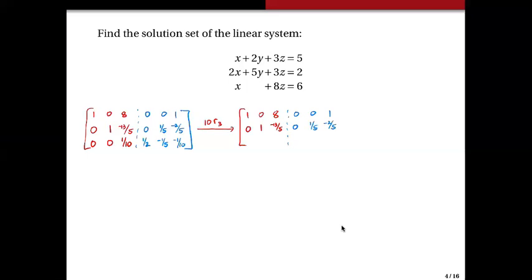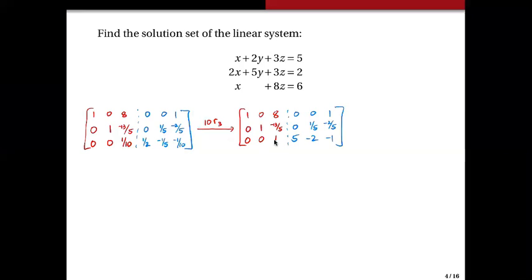And then for the last row, we multiply by 10. So we will have 0, 0, 1. 1/2 times 10, that's just 5. Negative 1/5 times 10, that's negative 2. Negative 1/10 times 10, that's just negative 1.